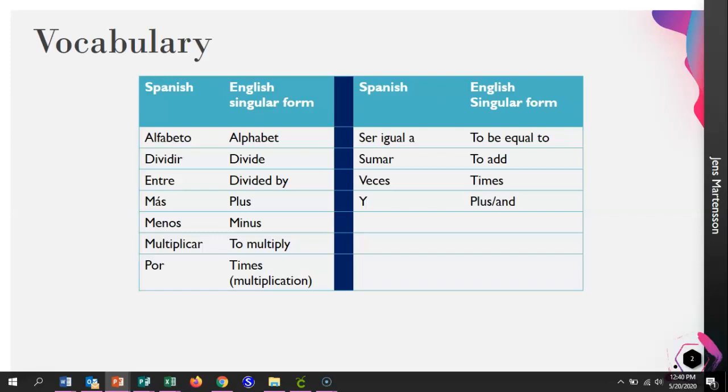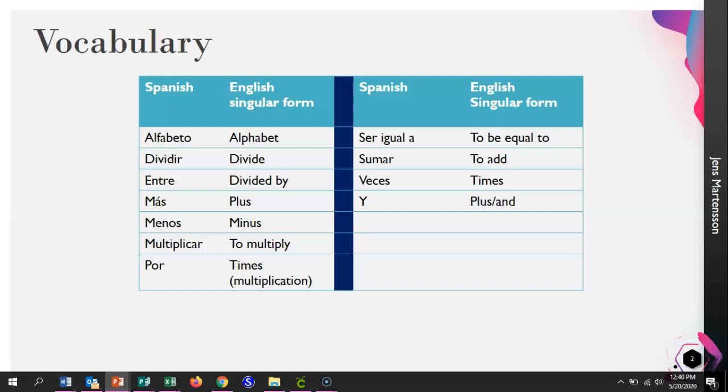Other words we need to remember are ser igual a, which is to be equal to. Ser igual a. Our next vocabulary word is sumar, which is to add. Then veces, which means times.